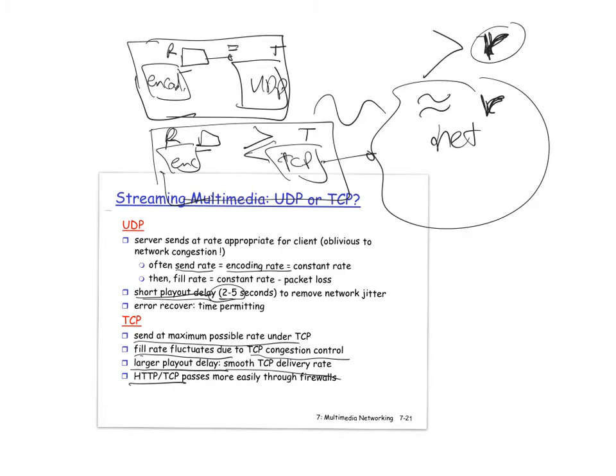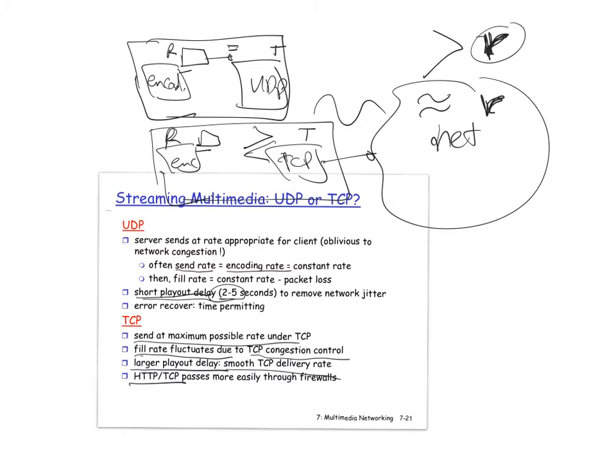Any questions? The encoding rate, of course, depends on whether you use uncompressed or compressed. For the case of uncompressed, basically the encoder is PCM or pulse code modulation.